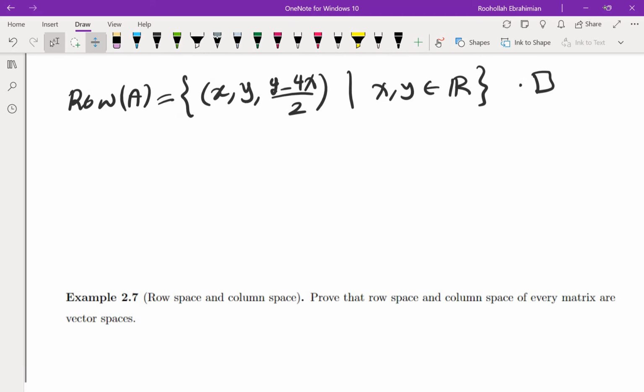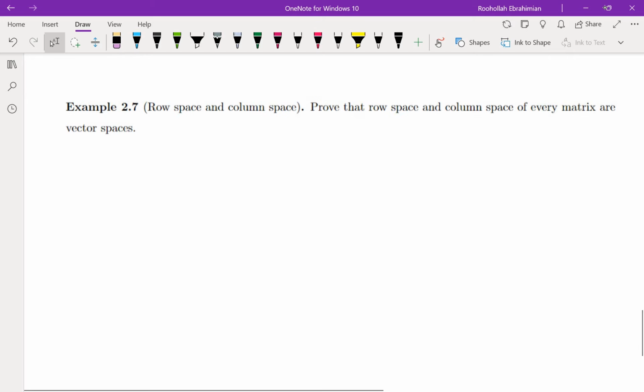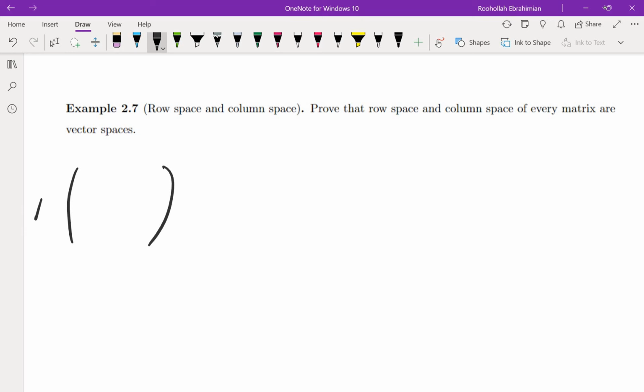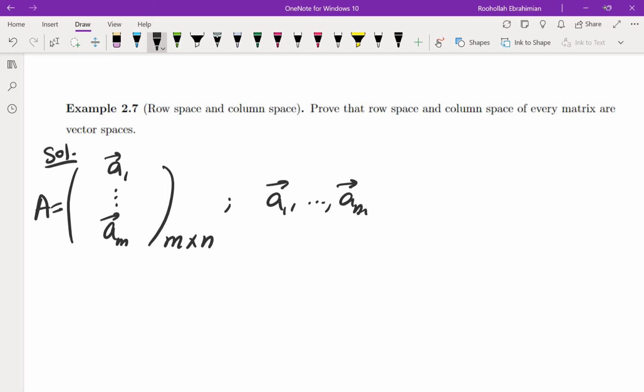Okay, so let me move on to another example. Row space and column space are in fact vector spaces. So why are they vector spaces? If you look at the matrix A, let's say it's m by n, you have m rows, A1 through Am, and these are in fact in Rn.